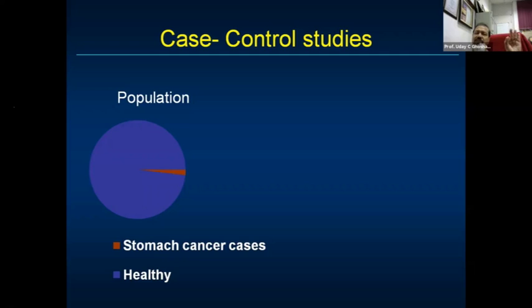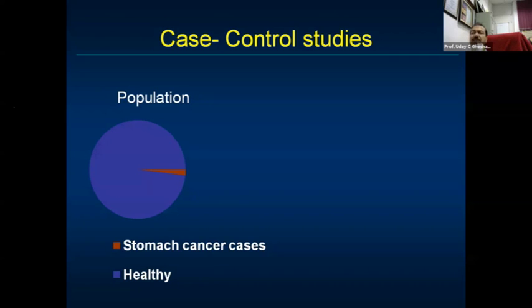Case control design means I'll take patients of stomach cancer and I'll take a control population who do not have stomach cancer. And obviously I am going to do a study among, let us say 100, 200, 300, 400 patients of stomach cancer, and maybe 100, 200, 300, 400 control population who do not have stomach cancer. You will say, how do you decide 100, 200, 300 or 400? I'll tell you later. This is called sample size calculation. I'll show you later how you do it.